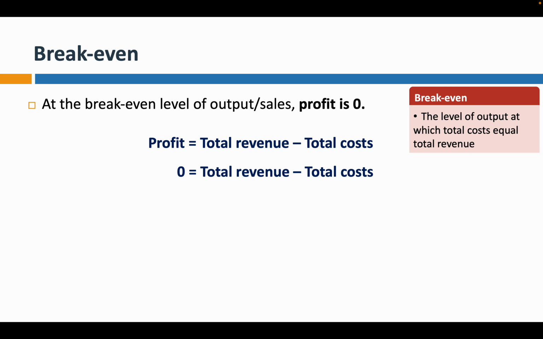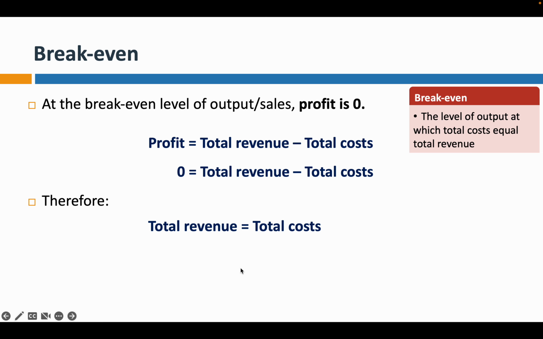So at the break-even level of output, our total revenue equals total costs, right? And since in the previous slide you saw how we broke down the whole equation of profit, we can also break it down at this point.